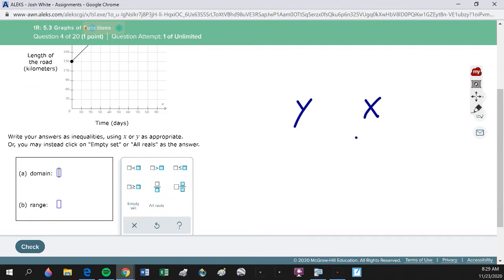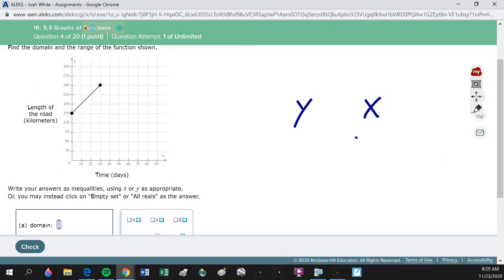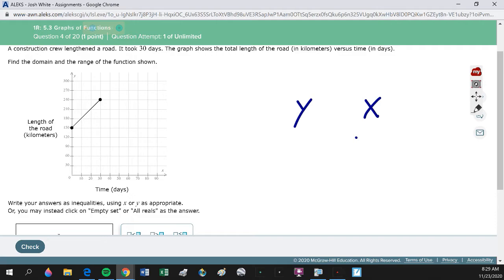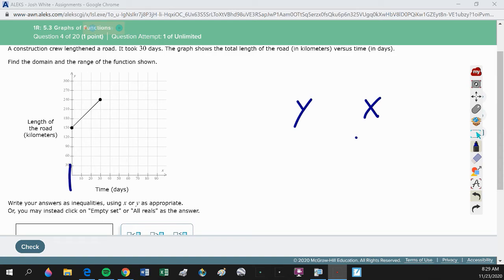So what is the domain of this? It just wants to know how long did they work on the road? What period of time? So they were working on the road from here to here. Okay?